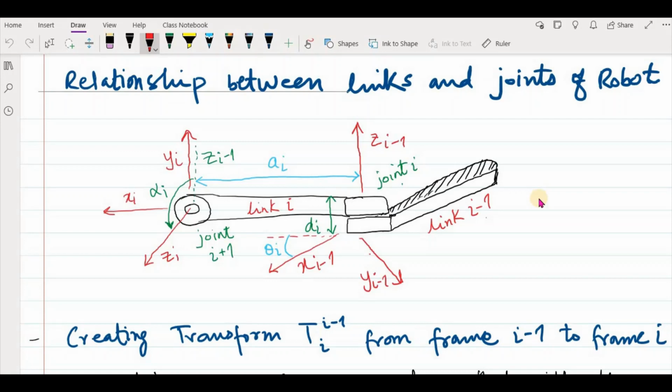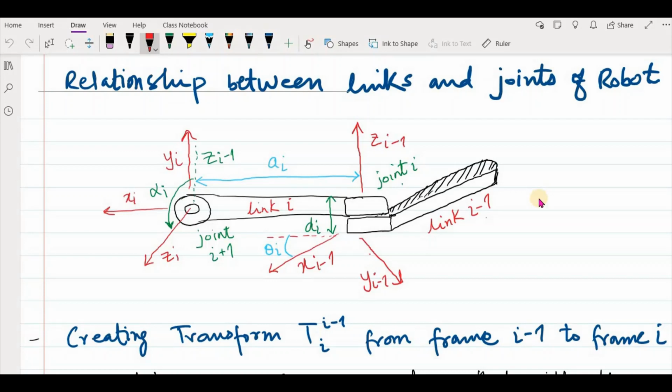They have different axes; the axes are a little bit shifted. So this length, the shift between these two, is called d_i. It's also called offset, and this is also fixed because it depends upon the mechanical properties of your robot. So in all these things, we have one variable, theta i, and the others, d_i, a_i, and alpha i, are all fixed.